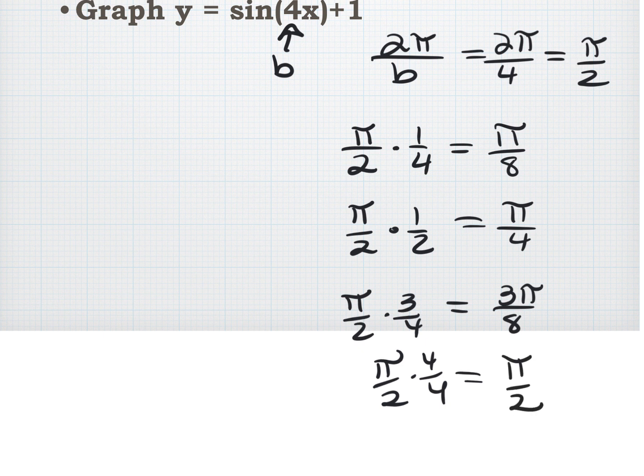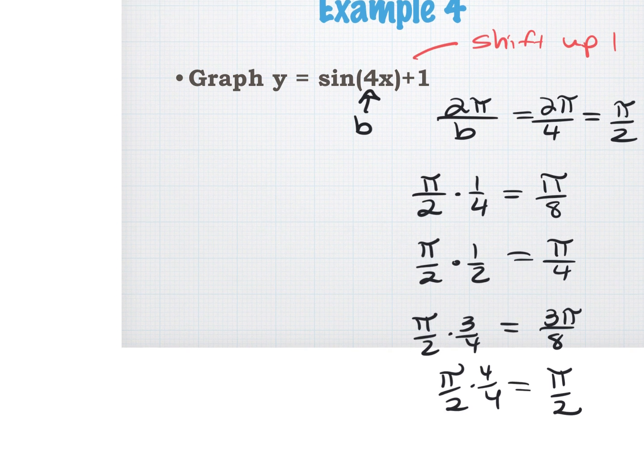So these are going to be my labels that'll go along the x-axis. Notice this one did not have an amplitude, so my labels along the y-axis are just going to be 1 and -1. So let me go ahead and create my x-axis here, and then my y-axis. And again, I did not have an amplitude number, so I'm just going to put a 1 here and a -1.